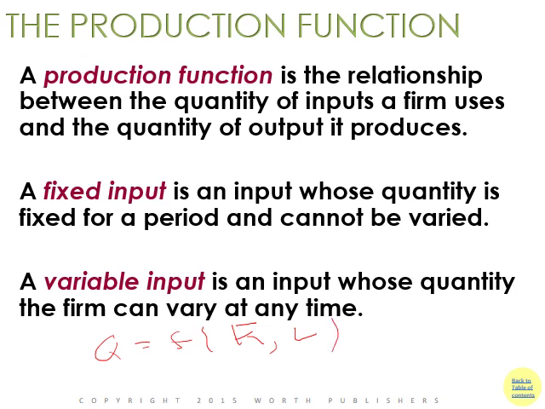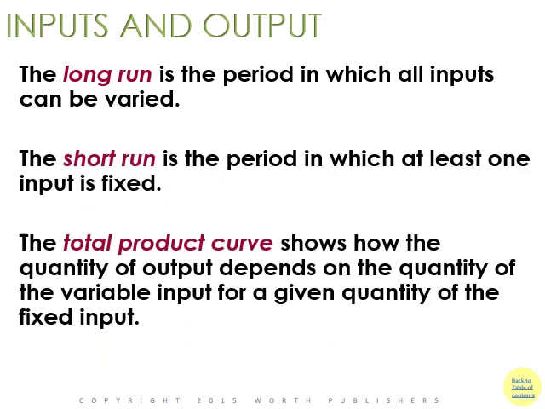So when you want to produce more output in the short run, you can alter the number of people that you hire, but you're not changing the size of your physical plant. In the long run, it's a period of time that's long enough so that all of your inputs are variable. So over a period of time, you can decide that you want to expand your plant size.